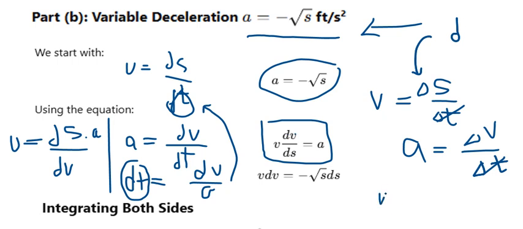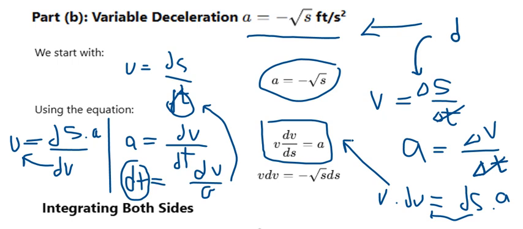So I am going to write this here, and you will get, on this side, ds, and then your a is like this. All I did is put this on that side, and then of course you put this to that side, and when you do that you get this.